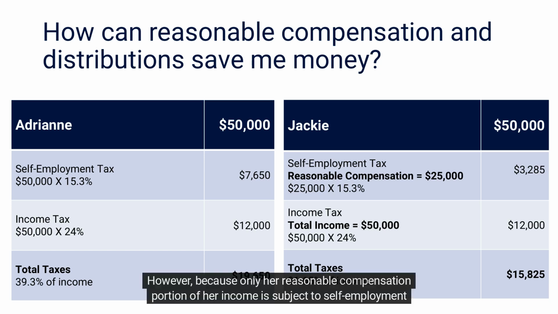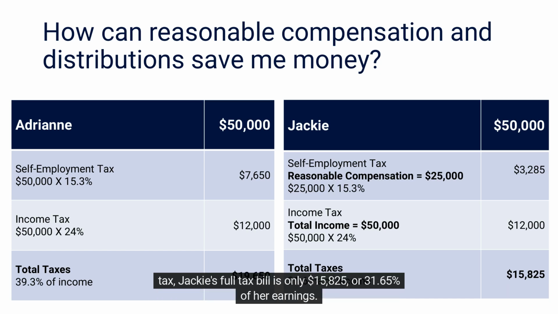However, because only a reasonable compensation portion of her income is subject to self-employment tax, Jackie's full tax bill is only $15,825, or 31.65% of her earnings. This is $3,825 less than Adrienne's taxes.